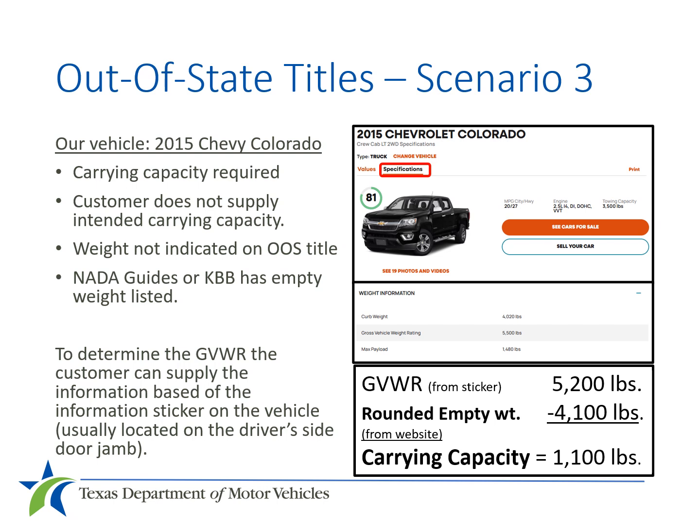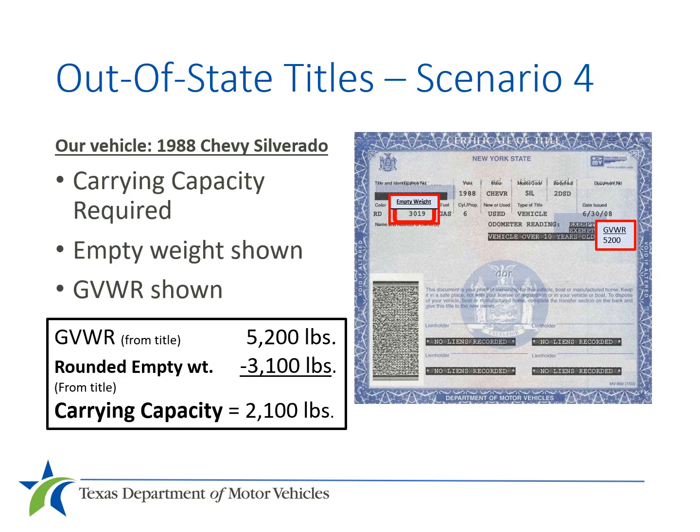And that gives us our maximum carrying capacity of 1,100 pounds. This is the maximum carrying capacity for the vehicle, but if the customer states that they intend to carry a load other than this amount, that is okay, as long as this maximum carrying capacity we just established is not exceeded.